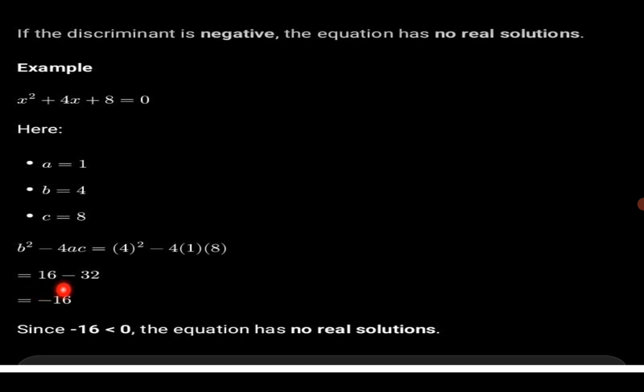When you put this under the square root, take the square root of minus 16, this will not come out. It will not give you a real solution because there's no square root of a negative number. So in other words, the equation does not have real solutions. That's the use of the discriminant. It decides the nature of the solutions.